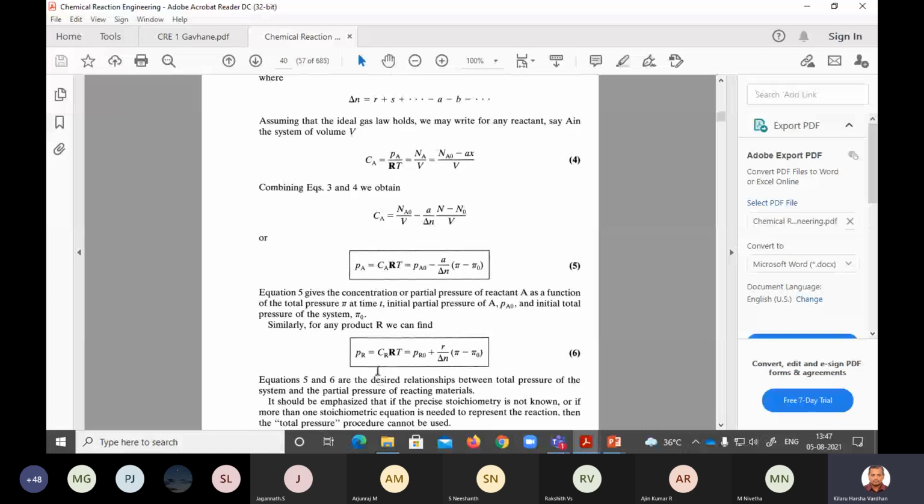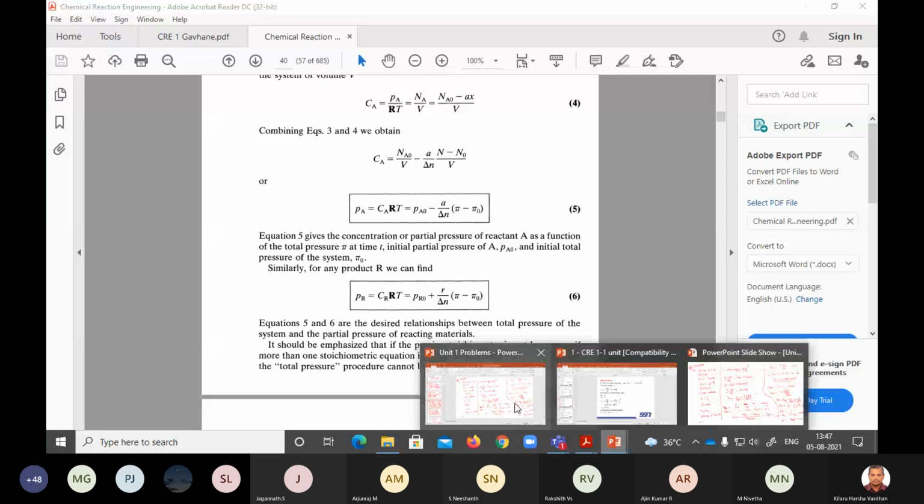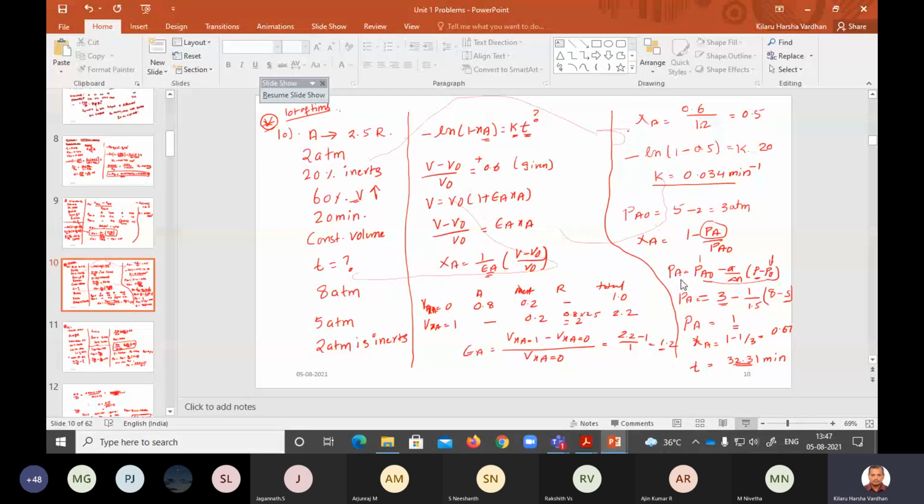So this is the expression, right? PA is PA naught minus A by delta N, times P minus P naught. So what are P naught and PA naught? That is what I'm showing you here. PA is the final pressure, PA naught is the initial pressure.